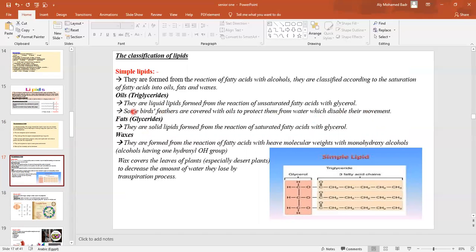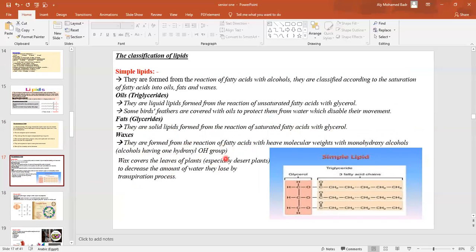The other kind of simple lipid is fats, the glycerides. Fats are solid lipids formed from the reaction of saturated fatty acids with glycerin. Wax is formed from the reaction of fatty acids of high molecular weight with alcohols having only one hydroxyl group.